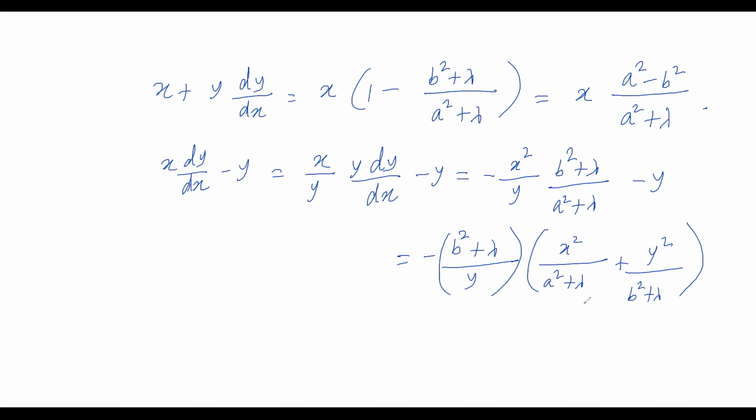And since this value is given to be 1, this is finally boiling down to b squared plus lambda by y. And now we have found these two values and we just have to multiply them.